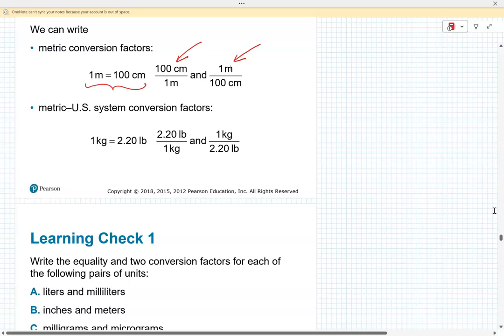Do you remember what was the price of a gallon when you were fueling your car recently? Say again? Perfect. So what does that mean? It means that 1 gallon, price-wise, is this, right? You can write conversion factors.